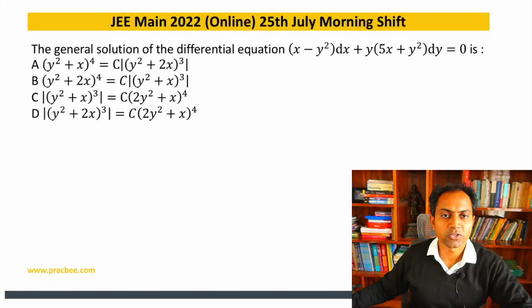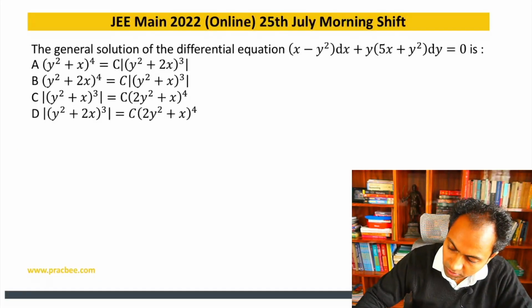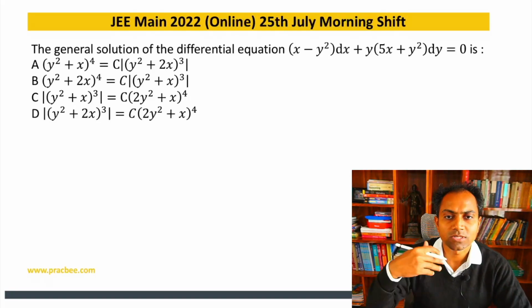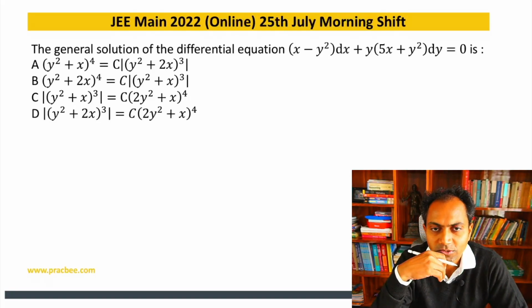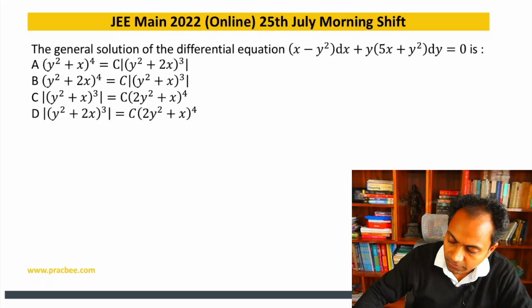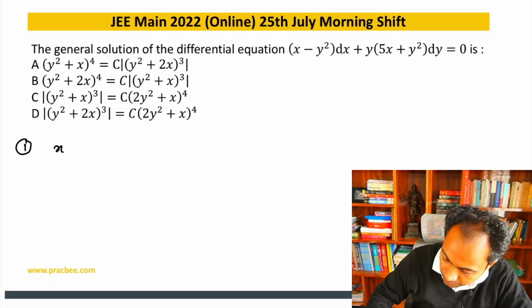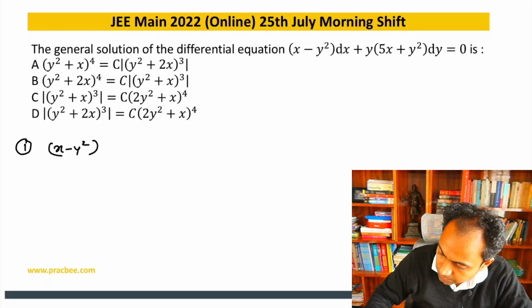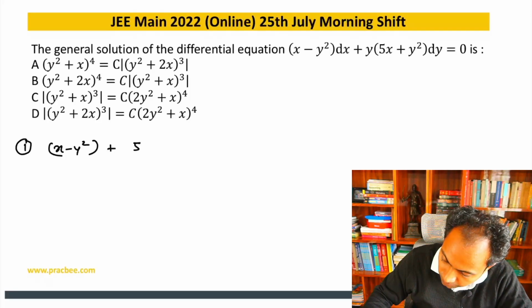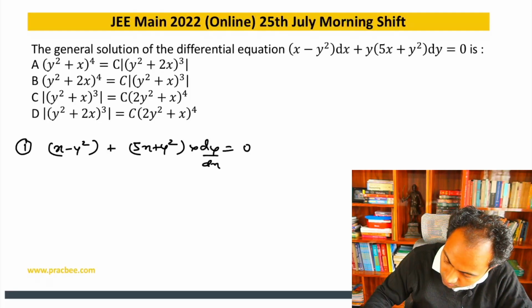Now a variation of a similar problem came in 2022. It looks like it is not a homogeneous equation if you just look at it. But if you carefully observe and do a substitution, let us write it like (x minus y square) plus (5x plus y square) y dy by dx is equal to 0.